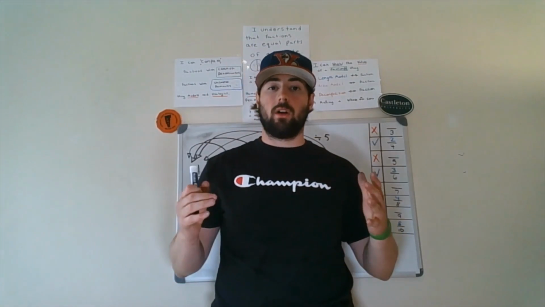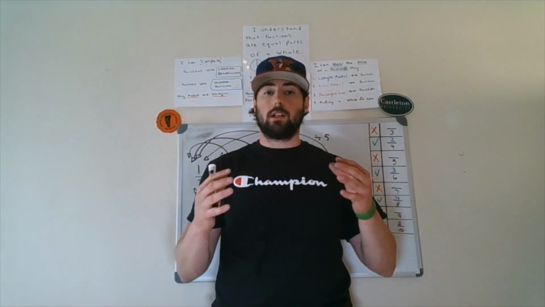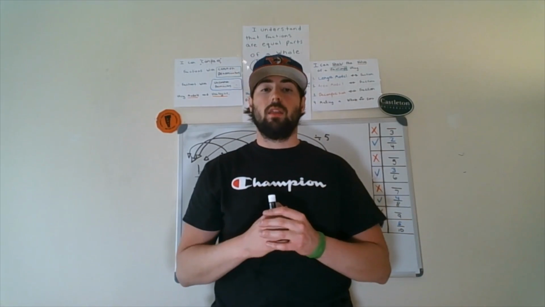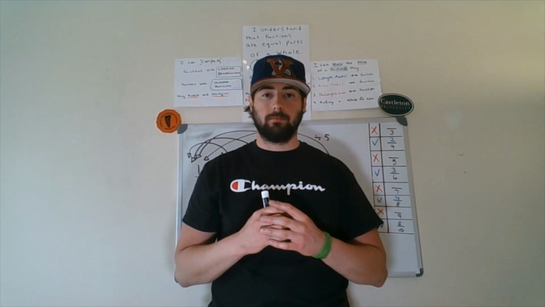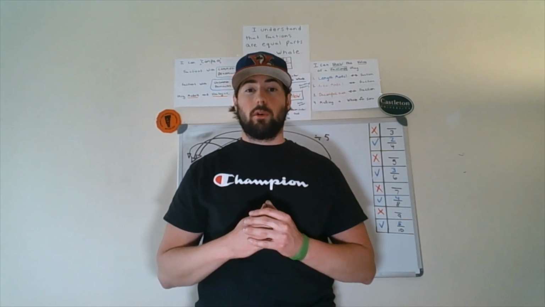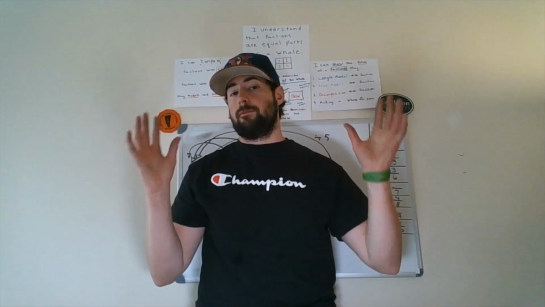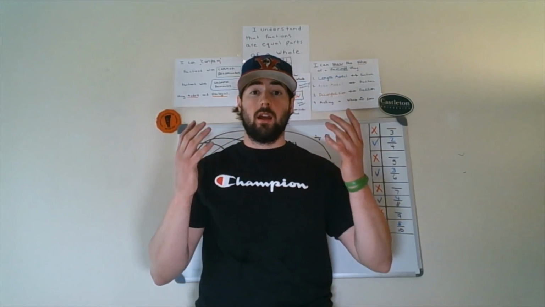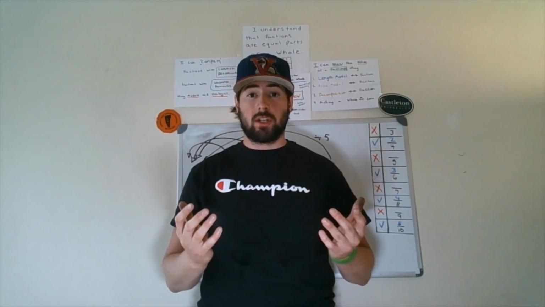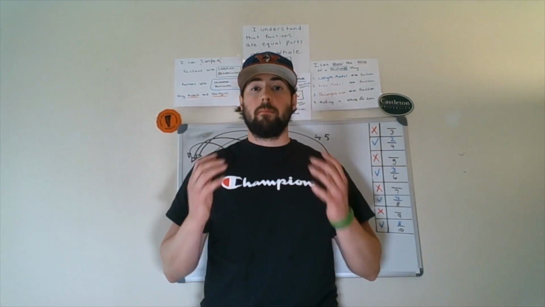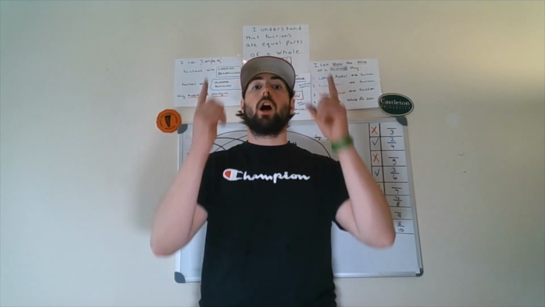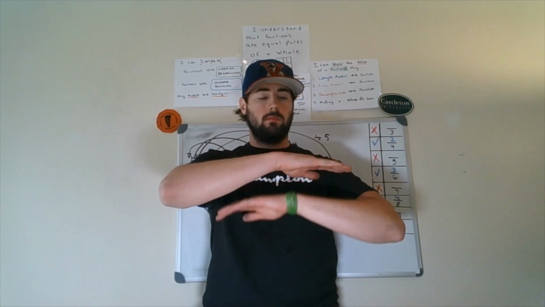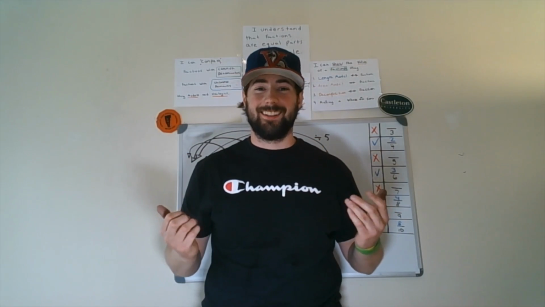The numbers were smaller, the parts were smaller, but they were the same. They were equivalent. Guys, we can find equivalent fractions for any fraction. We can find the equivalence of any fraction using math, using calculations, by making these parts larger and smaller, by multiplying and dividing.